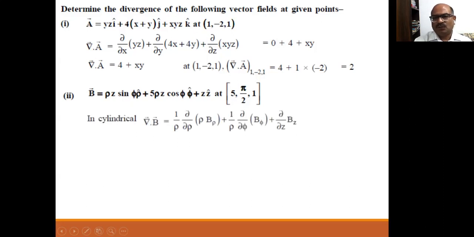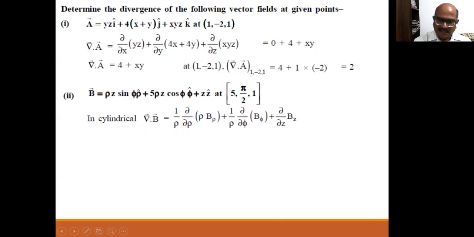So in the cylindrical system we know that del dot V is given by this equation. If you have any problem remembering this equation, kindly refer to the class for the cylindrical coordinate system. You will find this equation there. Okay. So I hope we can easily put the values here. So B rho is given as rho z sine phi, B phi as phi rho z cos phi, and so on.